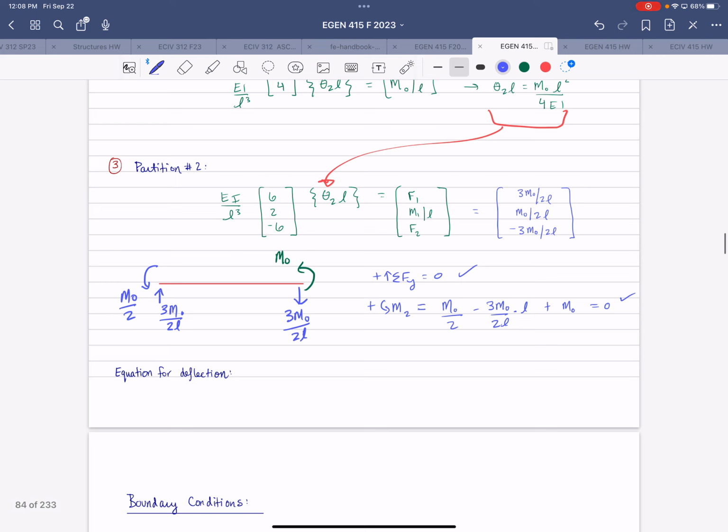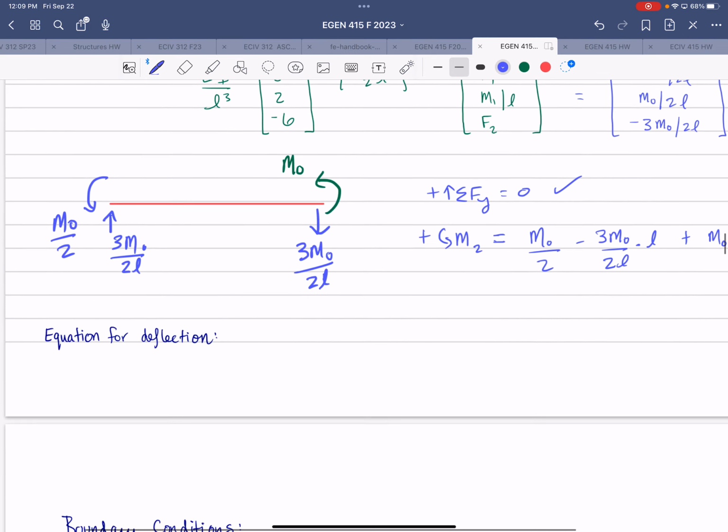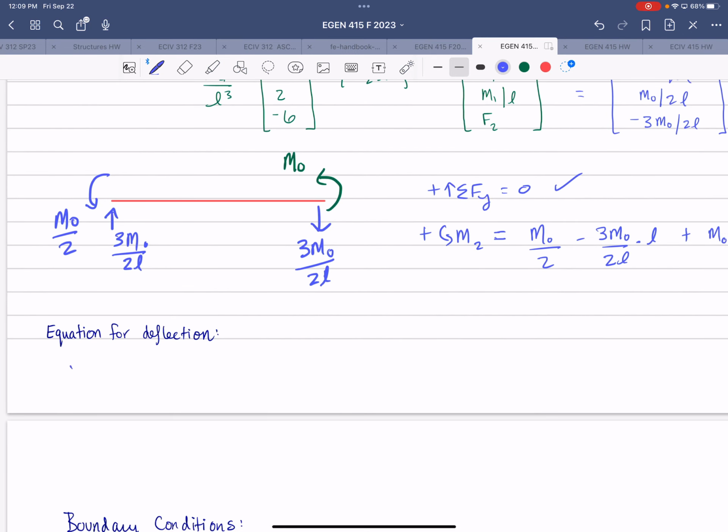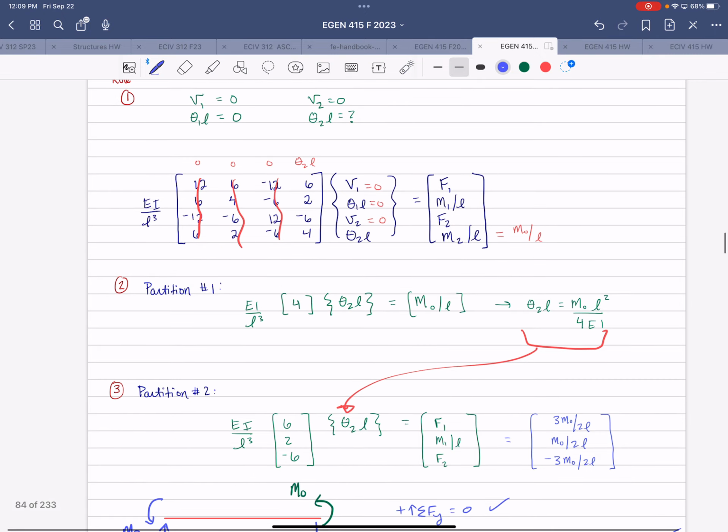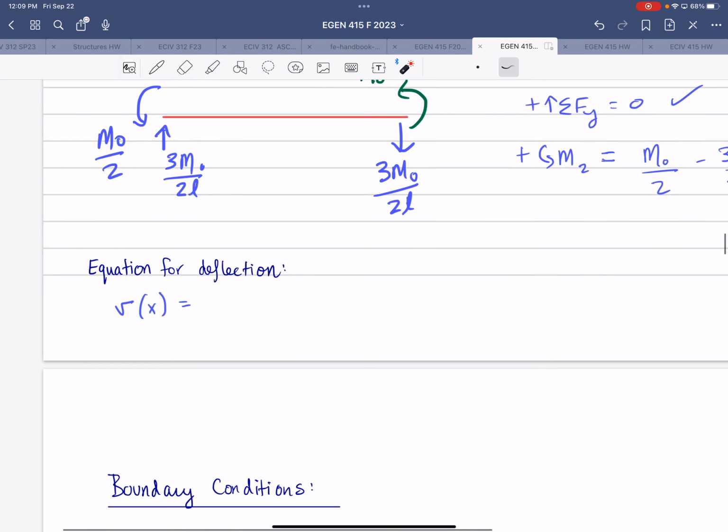Now we can use our displacement results and plug them into that generalized deflection equation. So v of x is equal to, after eliminating all the terms associated with the zero displacements, and since we have 3 of those, we're just left with 1 term from that generalized expression times the value that we found for theta 2L.